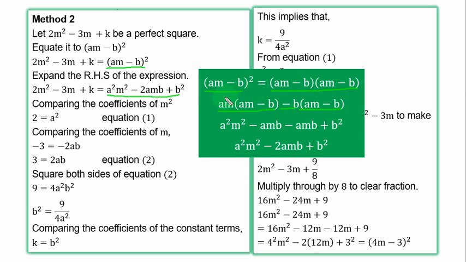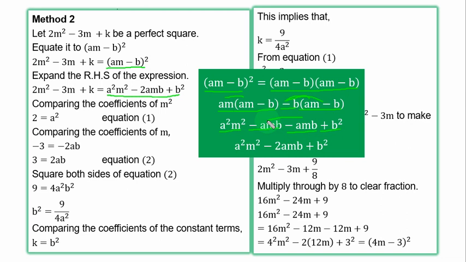So you have a m times a m, that is a squared m squared. a m times minus b is minus a m b. Then minus b times a m is the same, minus a m b. Then minus times minus is plus, b times b, so you have plus b squared. These two terms are alike.